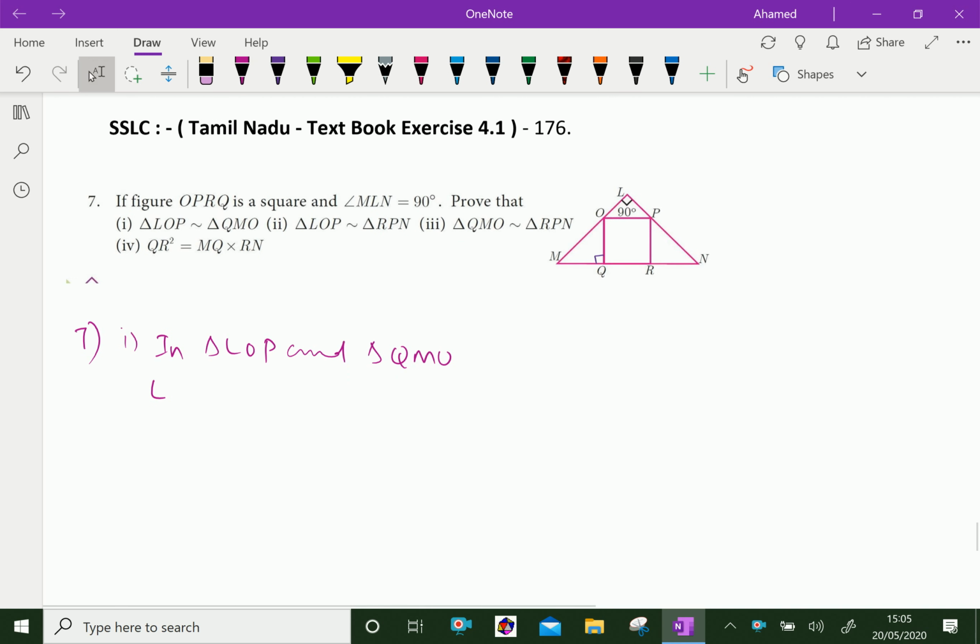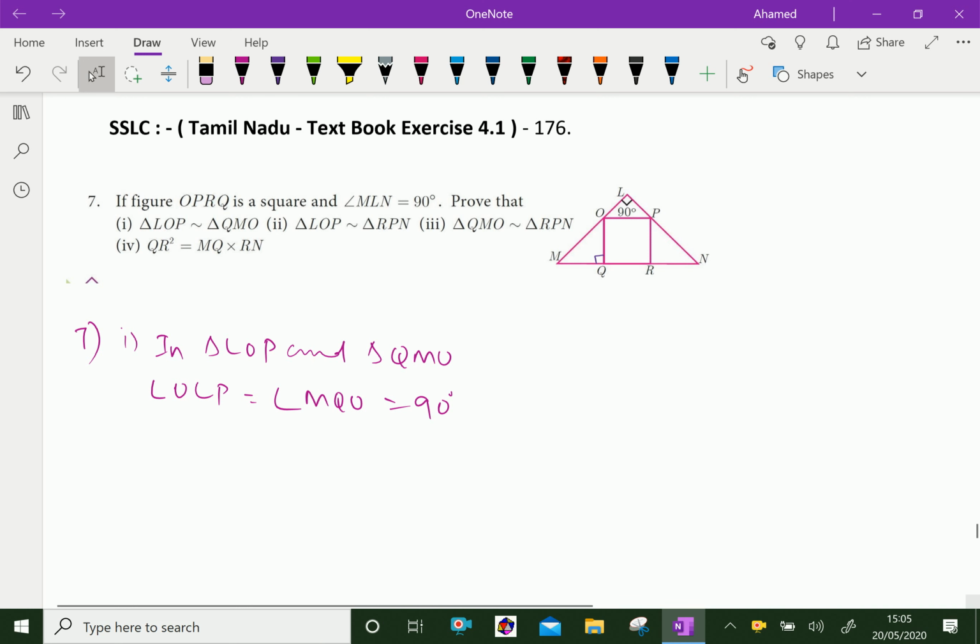Angle OLP is equal to angle MQO, both are 90 degrees. And next one, angle LOP is equal to angle QMO. Both are similar triangles.